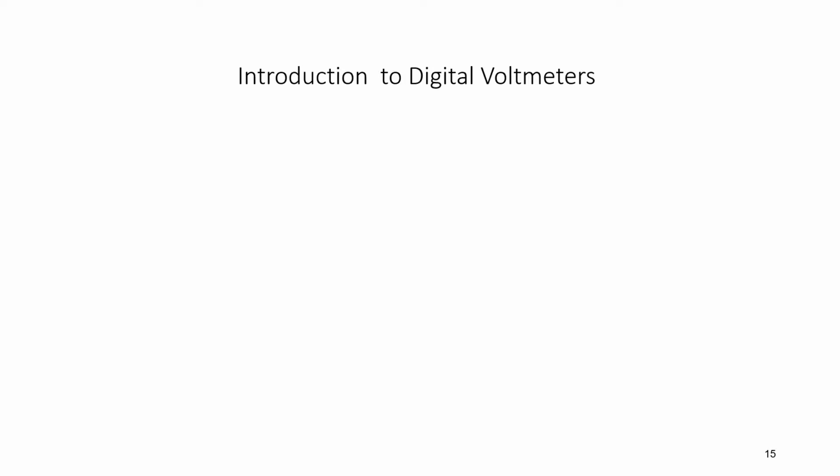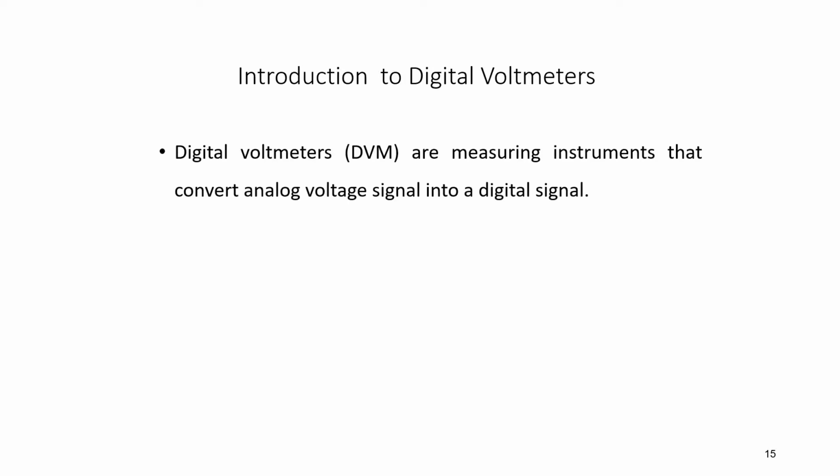Digital voltmeters are essentially analog to digital converters with digital displays to indicate the measured voltage. Digital multimeters are electronic voltmeters with digital displays.